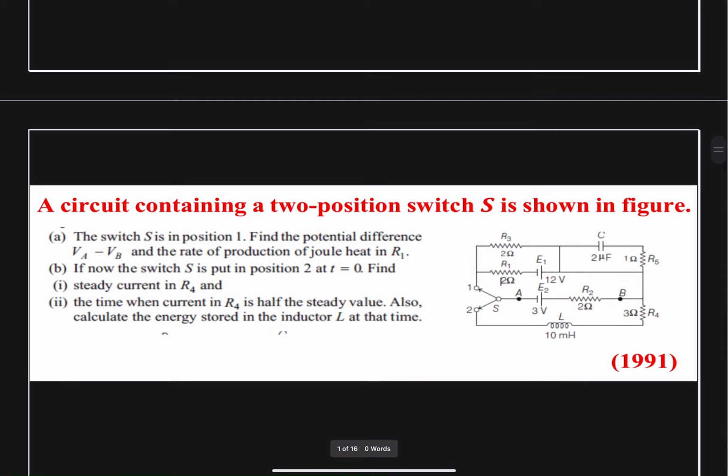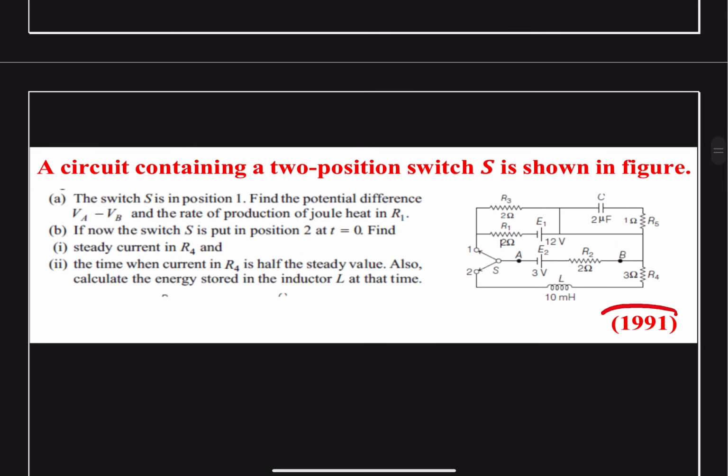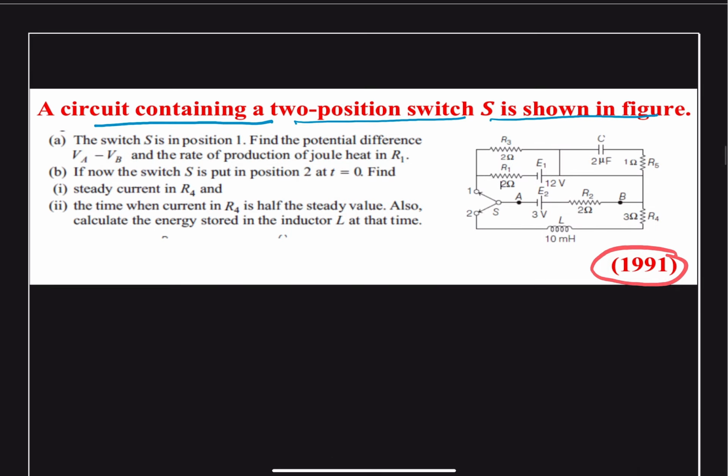Now we come to the second question, which was asked in the year 1991, and here it is said that a circuit contains a two position switch S as shown in the figure. So this is the figure. We have two position switch S. In the first instant, it is connected to position 1 and then it is switched to position number 2.